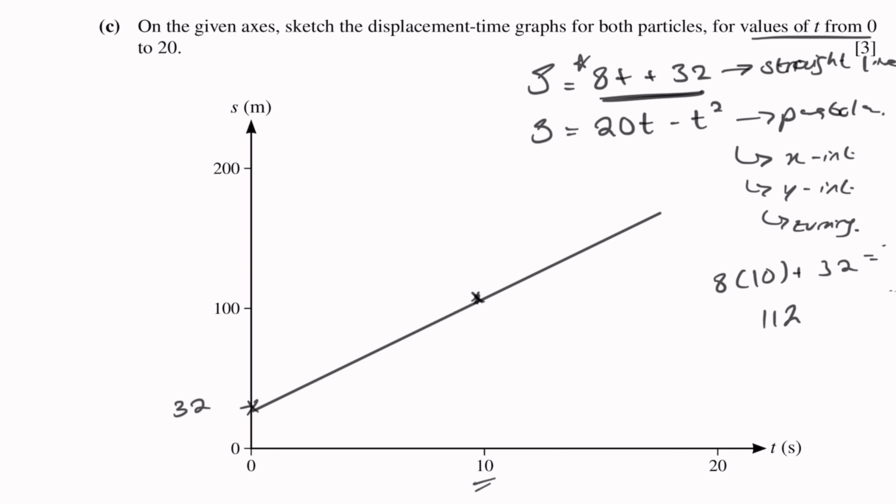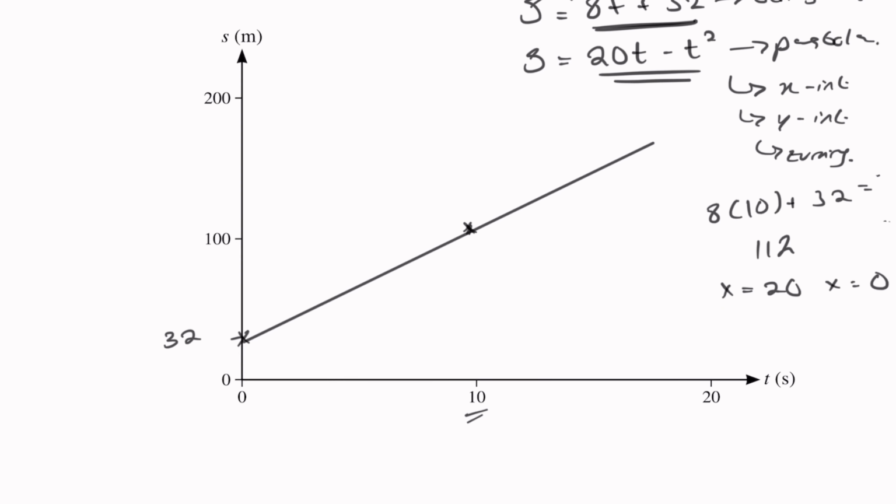Well, anyway, for the parabola, we're going to have the x-intercepts at x equals 0 and x equals 20, which you can find on your calculator, but you also should know because it starts from rest and comes back to rest at time equals 20 in part I. Another thing you want to know is that it has a turning point at x equals minus b over 2a, and in this case minus minus 20 over 2 times minus 1, so that's at x equals 10.